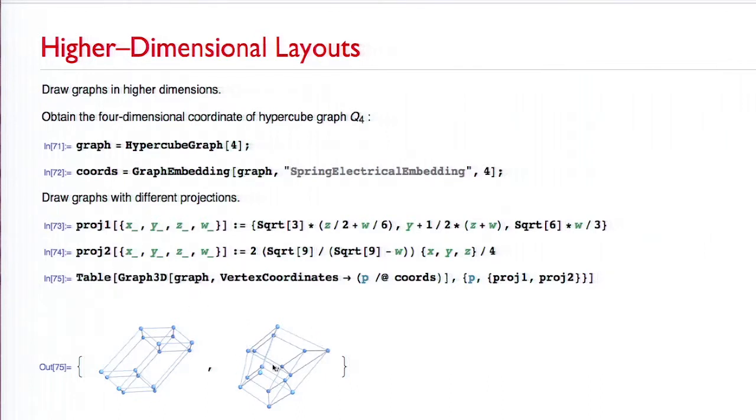And the function, if you want to get the actual coordinates of your embedding, you use GraphEmbedding, Spring Electrical, and this is the dimension. You can go to 20, the whole same algorithm will scale and automatically do that for you. So again, behind the scenes, we do all the work for you, and everything just works smoothly.